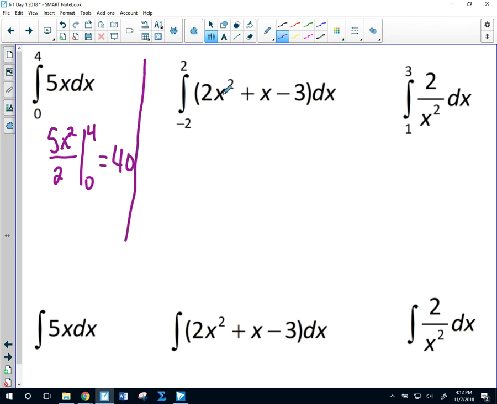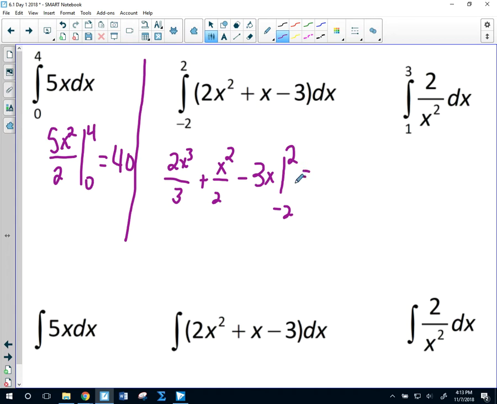So this integral would be negative 2x to the third over, I don't know why I wrote negative. Let's erase that. Positive 2x to the third over 3 plus x squared over 2 minus 3x, and we are evaluating from negative 2 to 2.